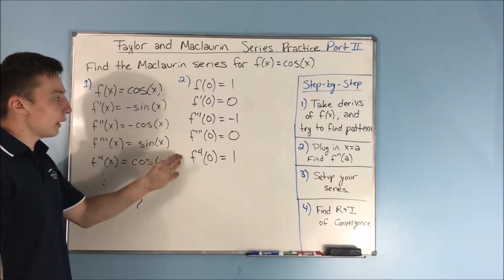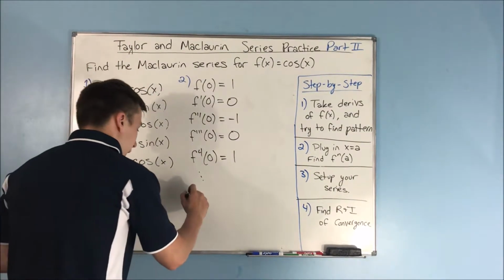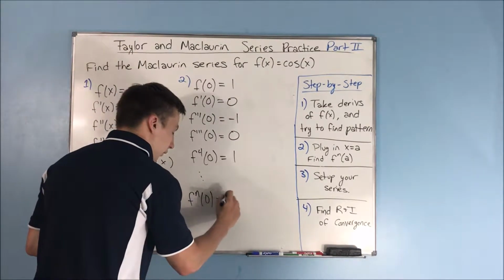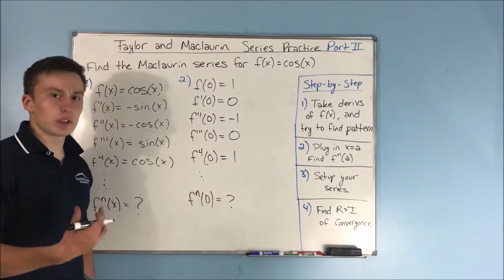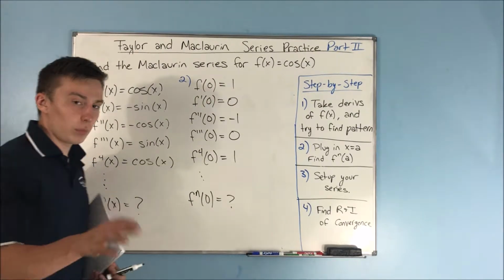So you can see we're having the same kind of problem here. We're not going to know what our nth derivative of f at 0 is going to be. So what we're going to have to do is list out our terms and see if there's anything we can do like that. I'm going to show you that right now.